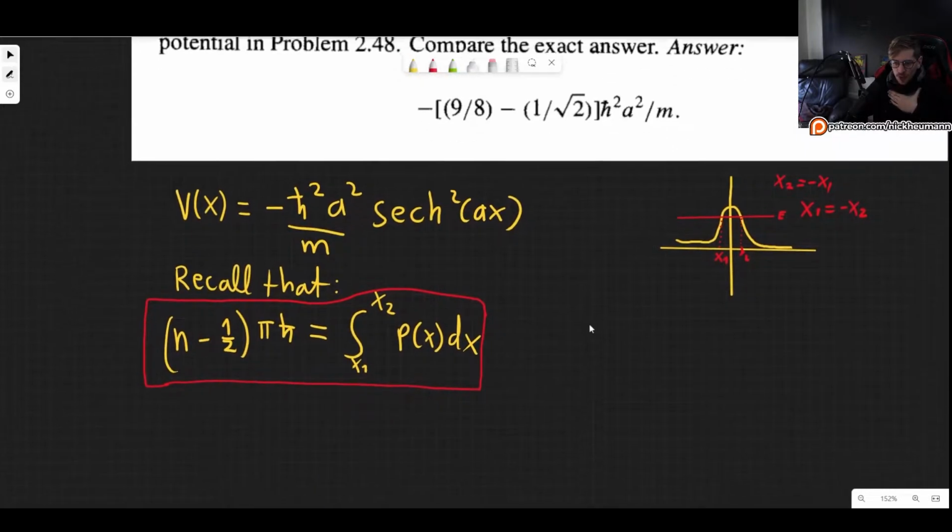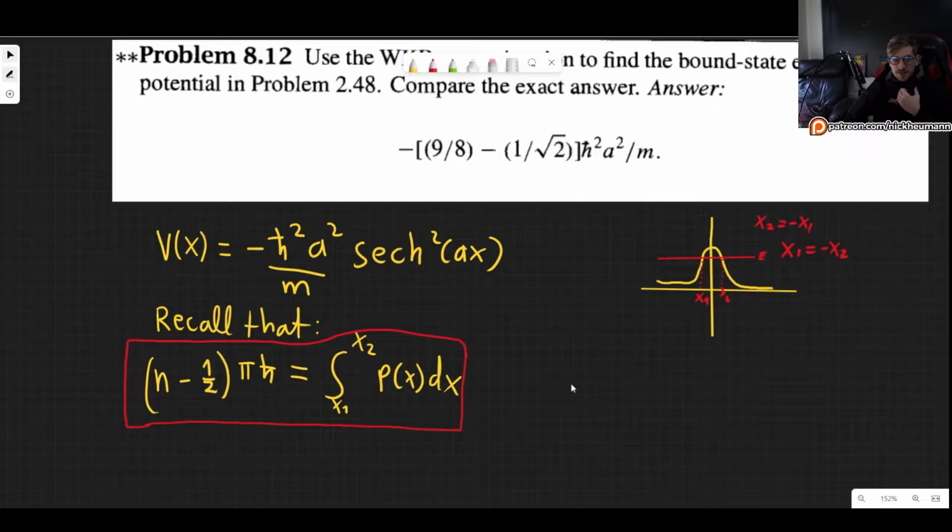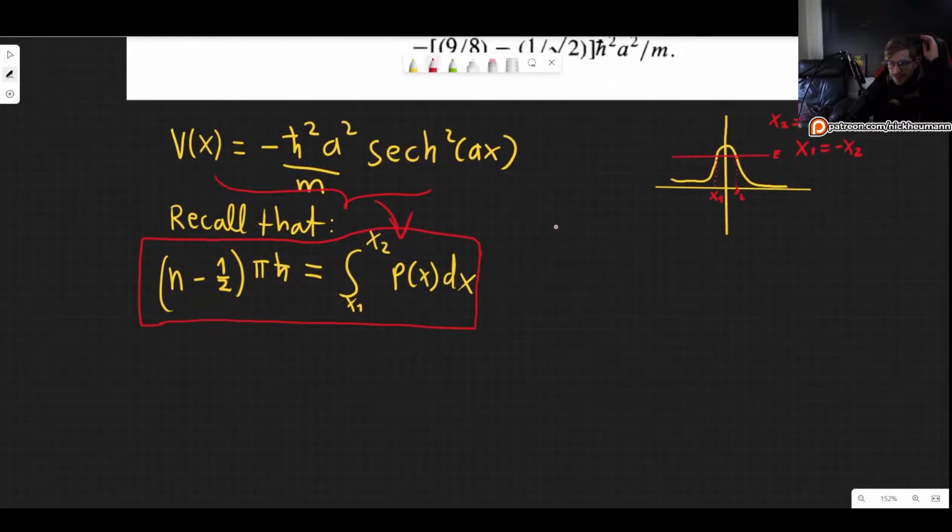So basically all we have to do, and that happens very often in the WKB approximation, in fact that's what it is all about, is that we only have to solve one integral instead of having to solve the entirety of the Schrödinger equation. So all we have to do is plug this potential in there and solve the integrals. Now, it is going to be a little bit more difficult than that, of course, because the integral will be a bit annoying, but in principle, that's all you have to do.